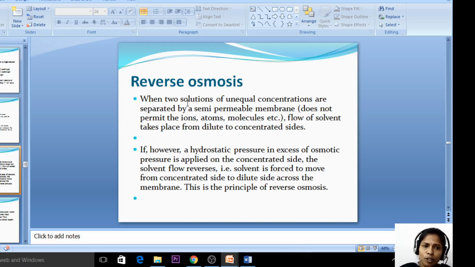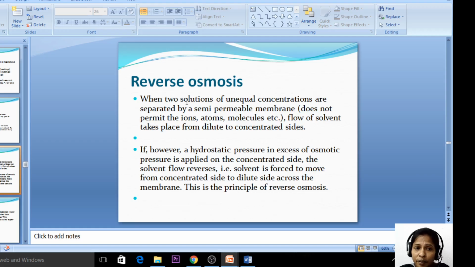So what is the opposite direction? What happens in osmosis? The solvent particles are transferred from low to high. So when we apply more than the osmotic pressure in the opposite direction, that means at the high concentrated solution, the reverse process takes place, that is the reverse osmosis process.